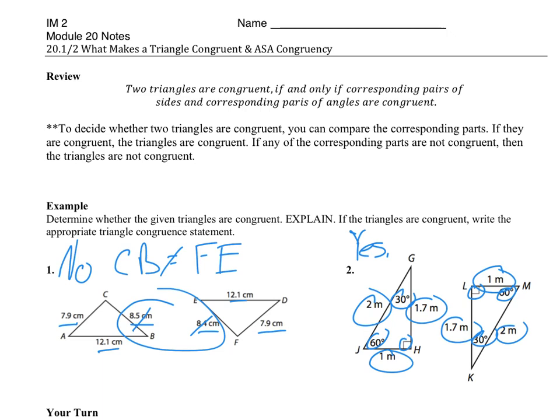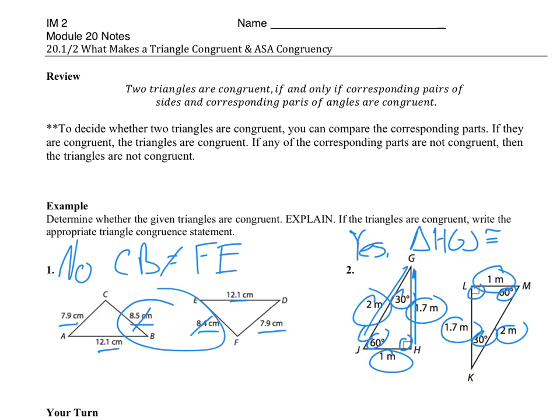And then our congruency statement is going to be, I'm going to start with my right angle. So let's go triangle H, and then I'm going to go up the 1.7 to G, and then down to J. And we'd state that is congruent.